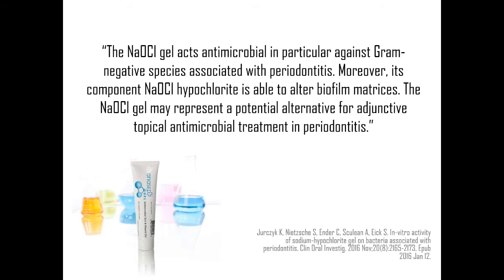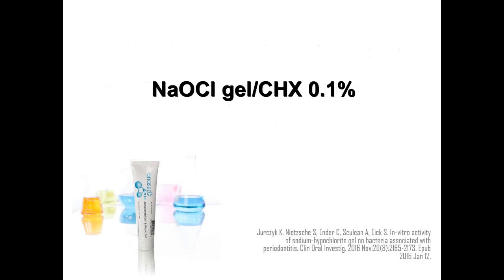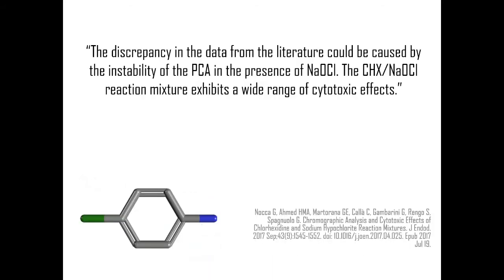So they were looking at 4-day-old biofilms that were multi-species, and the sodium hypochlorite gel works really well, particularly against gram-negative species associated with periodontitis, and it was also able to alter the biofilm matrices, which we've known previously. So sodium hypochlorite gel certainly has a potential to use in terms of treating periodontal disease as well, versus chlorhexidine at 0.1%.